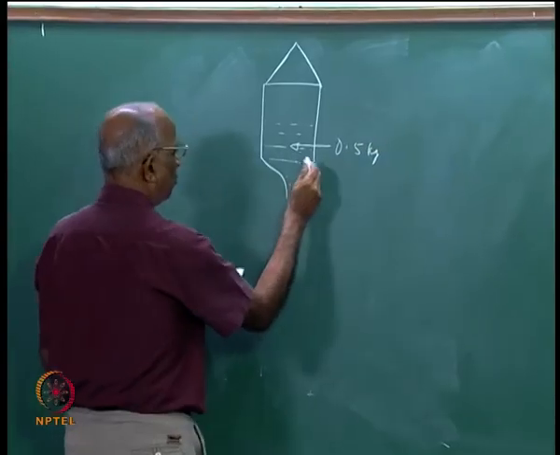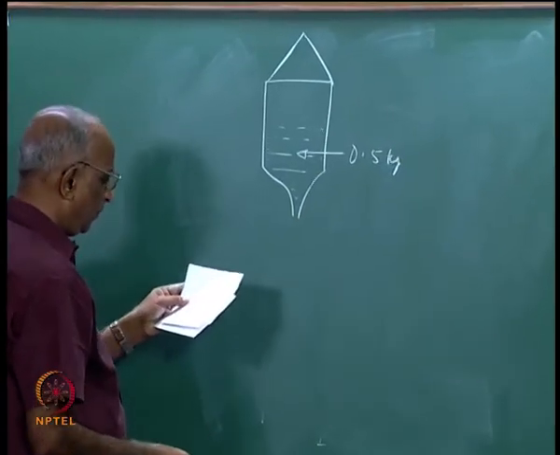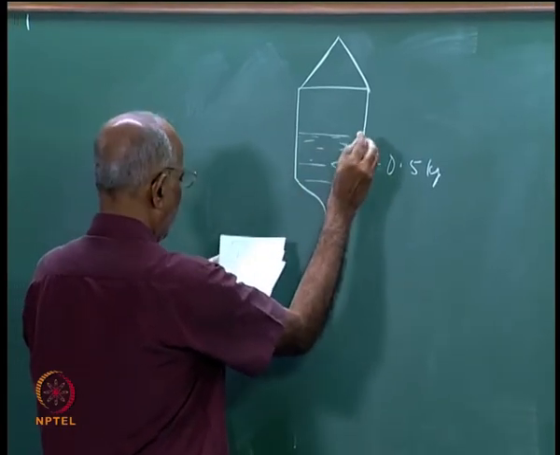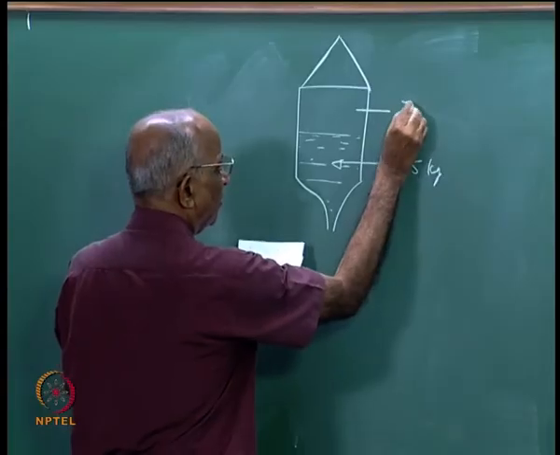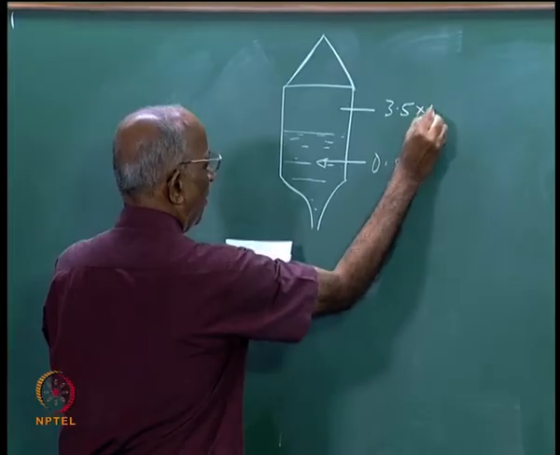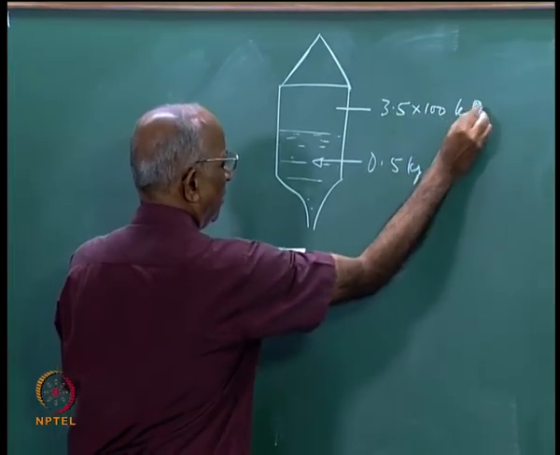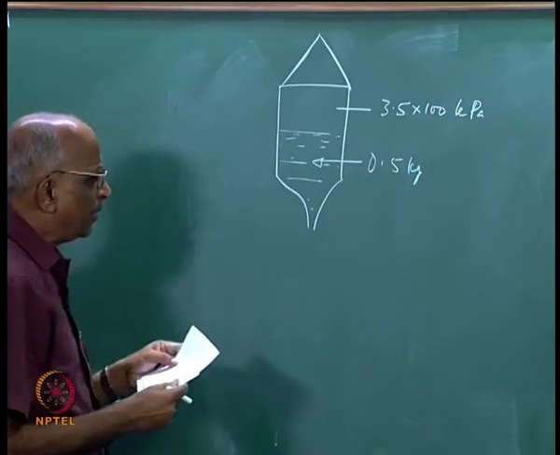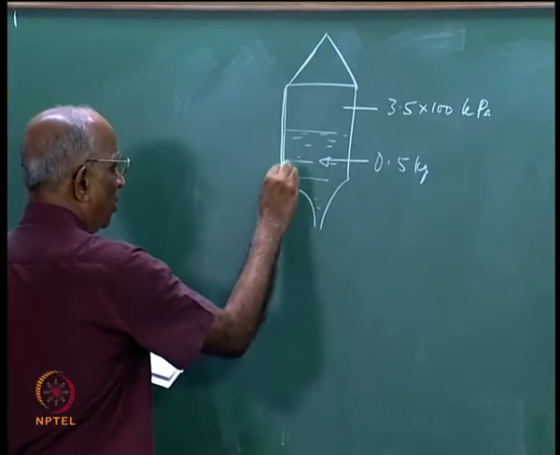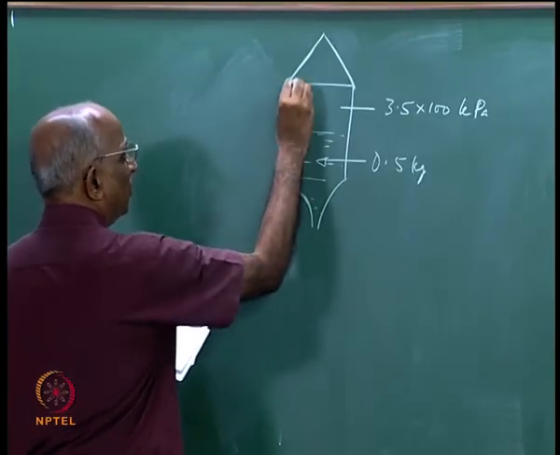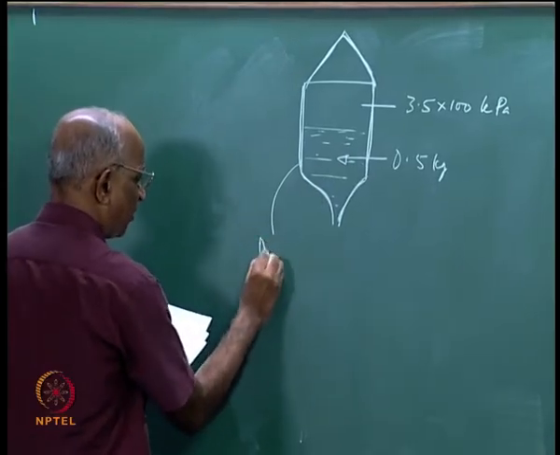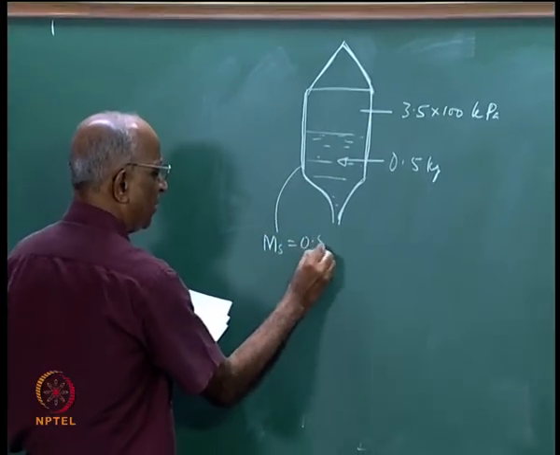You have in a bottle 0.5 kg of water. The air is relatively massless, which is above, and the pressure of air is 3.5 into 100 kilopascal, that is 0.35 MPa. It is also told that the mass of the bottle, that is the structure of this, all these things put together, is again 0.5 kg.